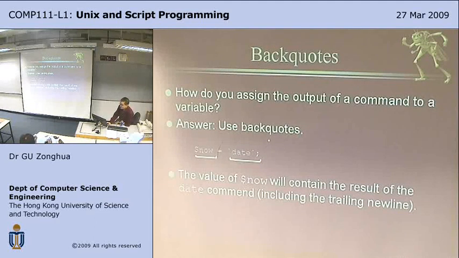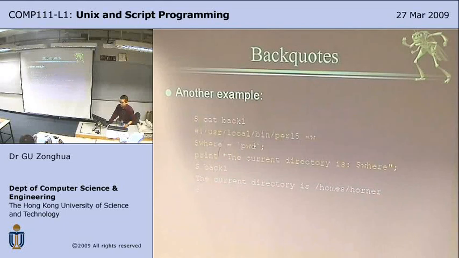If you have double quotes, then it'll store the literal date in the variable now. Another example, pwd, is the shell command for print working directory, and you can store it in this variable current directory.